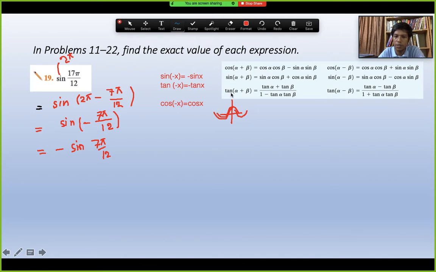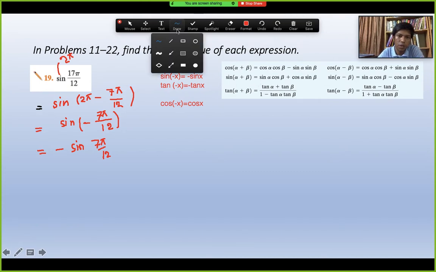This is the x-axis, this is the y-axis. Anyway, cosine is an even function. That's why cosine of negative x equals cosine x, and both the other two become negative. You can think about it from the quadrant concept also. That will also work, but the main idea is the even and odd function concept.